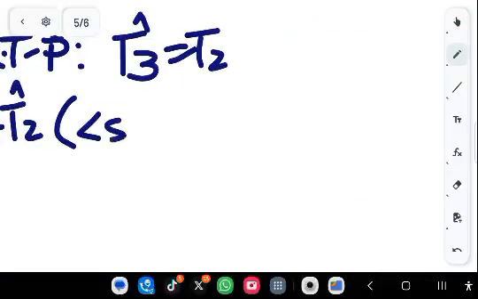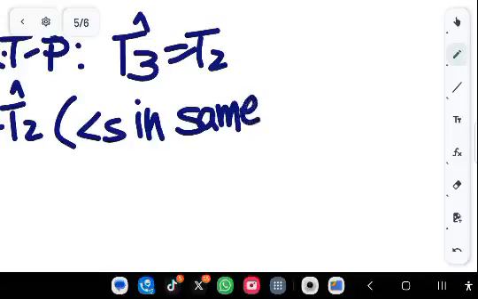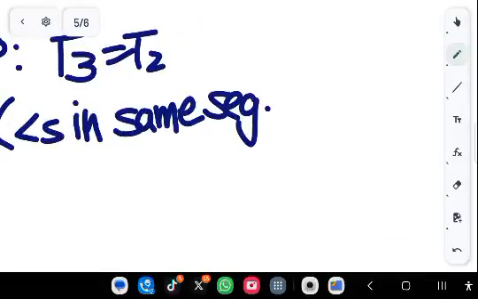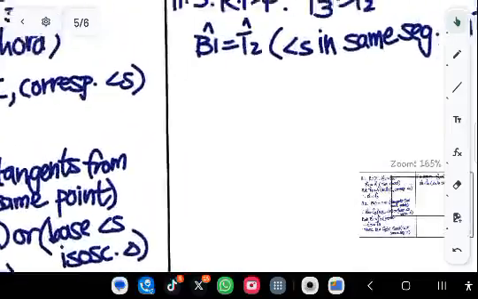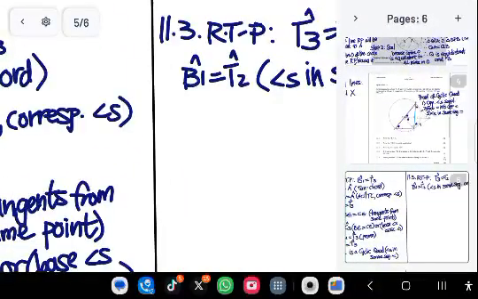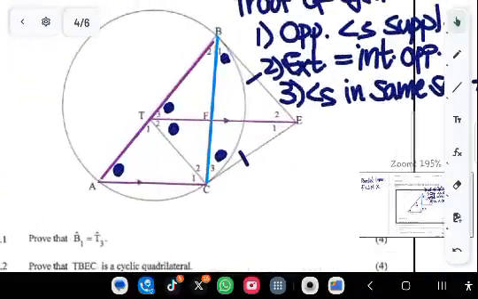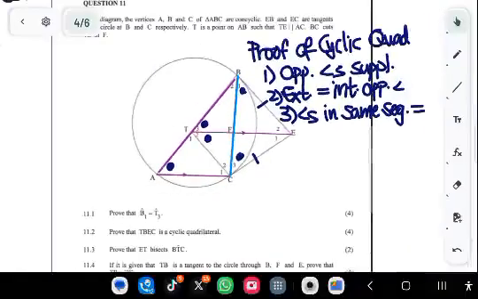Reason is angles in same segment on TBEC, cyclic quad. But angle B1 equals angle T3. Proven.